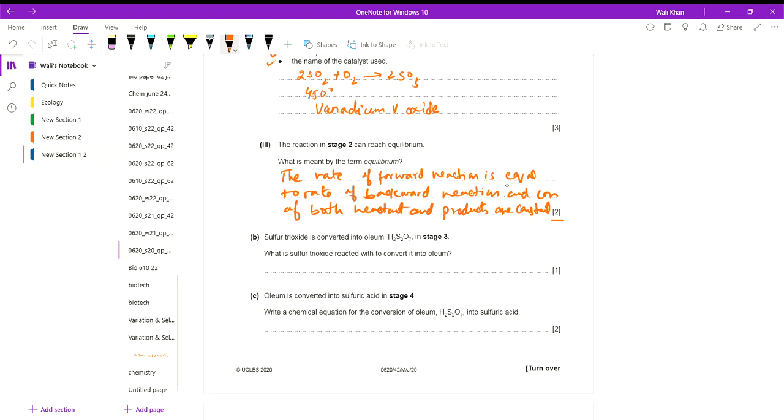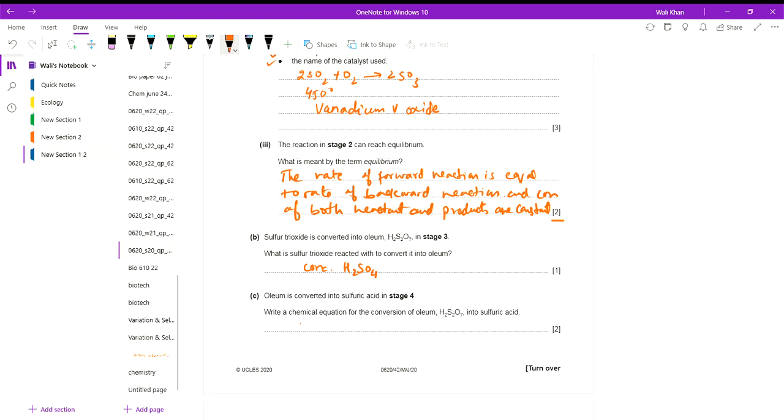It has 2 marks. Sulfur trioxide is converted into oleum, H2S2O7, in stage 3. What is sulfur trioxide reacted with to convert it into oleum? It is reacted with concentrated sulfuric acid. You can write it in English and you can also write it this way. Oleum is converted into sulfuric acid in stage 4. Write a chemical equation for the conversion of oleum into sulfuric acid.